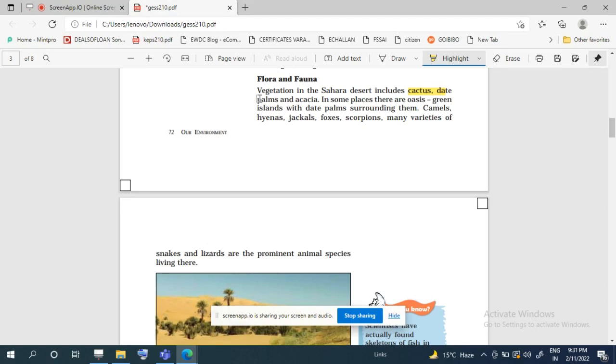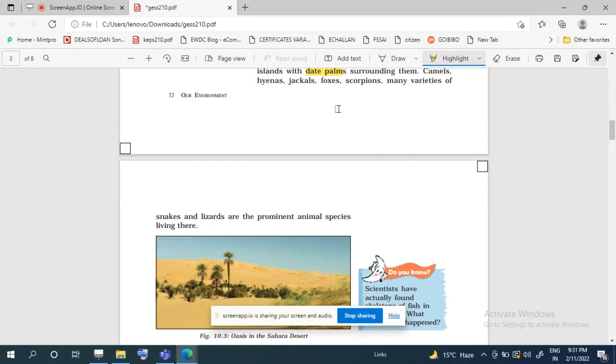An oasis is the green land where you can find greenery, in which we find date palms. And the animals which are found in the desert are camel, hyena, jackal, fox, scorpion, and many varieties of snakes and lizards are also found in the Sahara Desert.